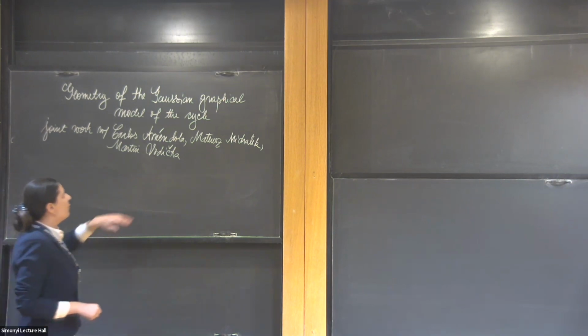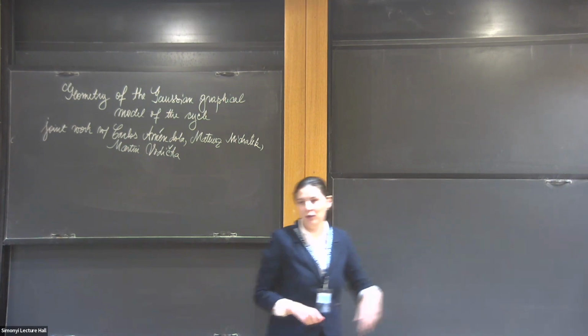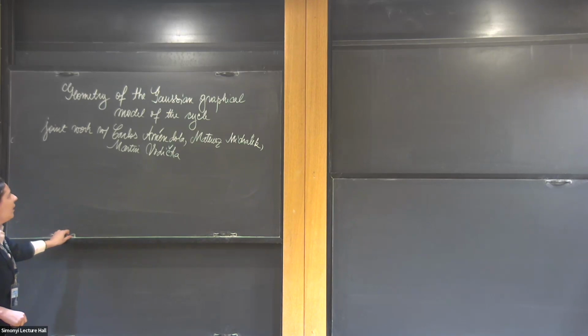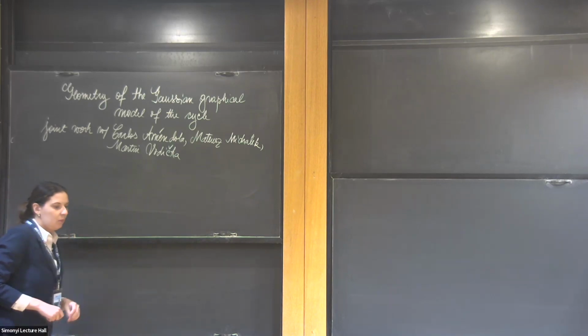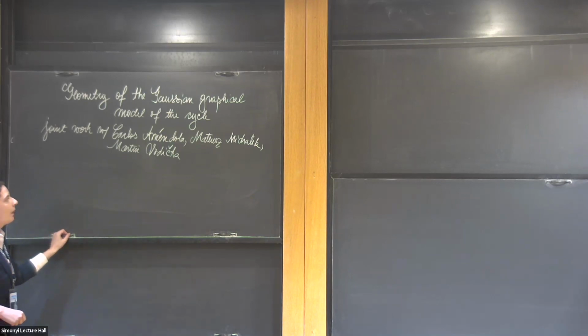Then I will restrict myself to the Gaussian graphical models and even the restriction of the restriction, namely I will go to the cycles. Okay, and we will be interested in two invariants about these models.